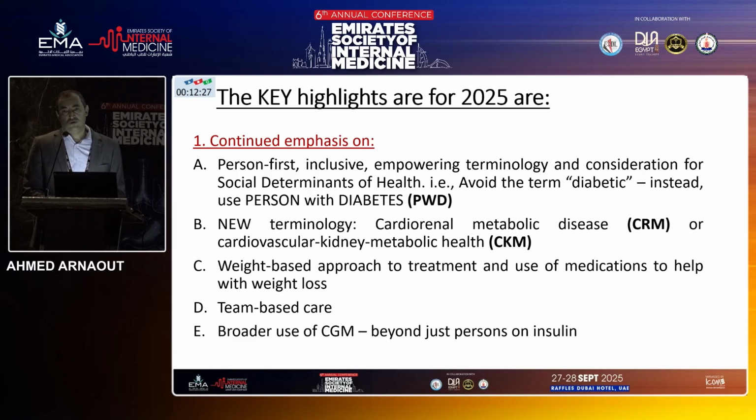And as we know from our attendance at the last lectures, we have a new, emerging terminology: either cardio-renal metabolic disease or cardiovascular-kidney-metabolic disease. As we know, there are interrelated systems between the heart, liver, pancreas, adipose tissue, and the kidney, so they try to merge it into the cardio-renal metabolic system.